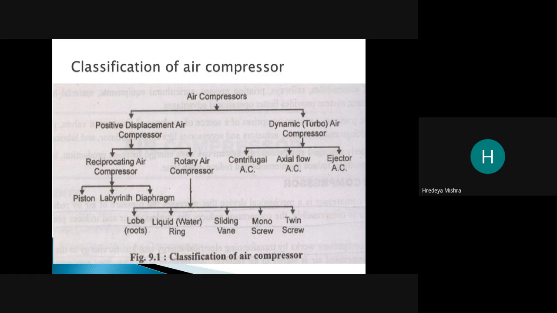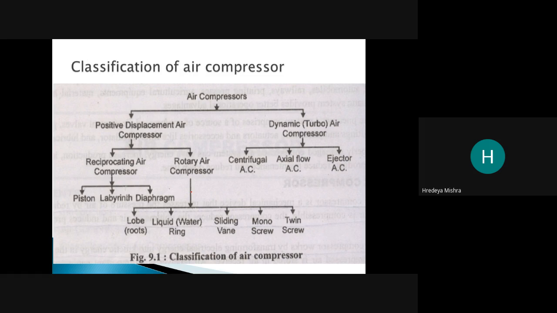We will discuss these further. Rotary is divided into five parts: lobes, meaning roots, liquid ring, sliding vanes, mono screw or twin screw.